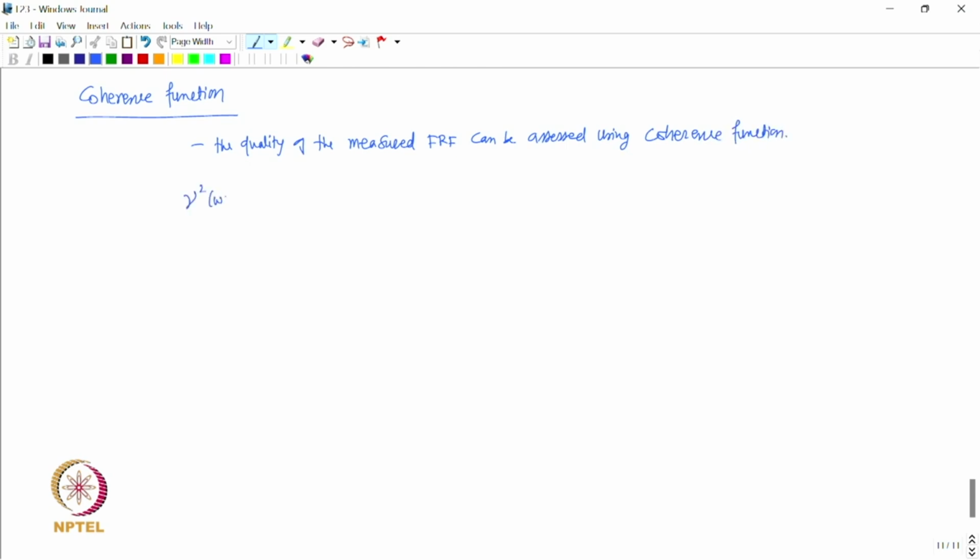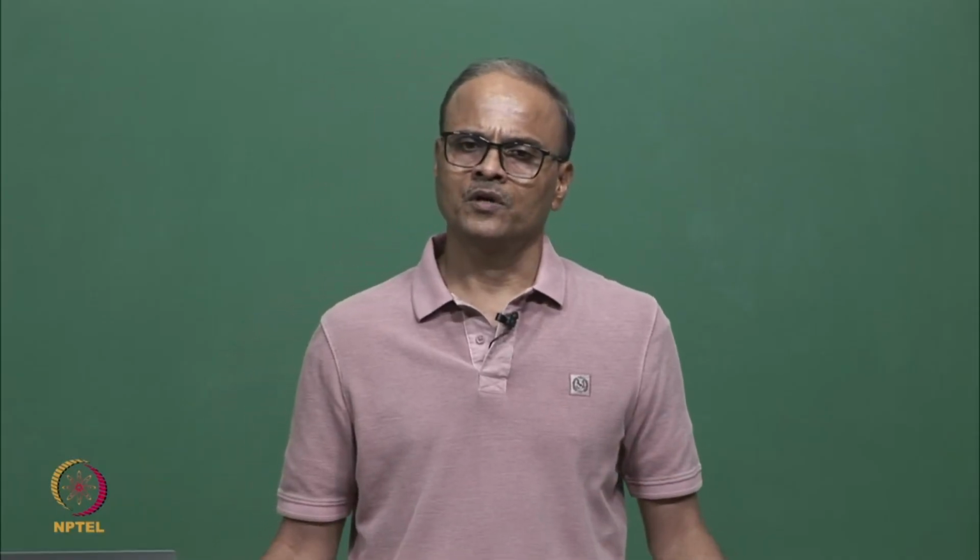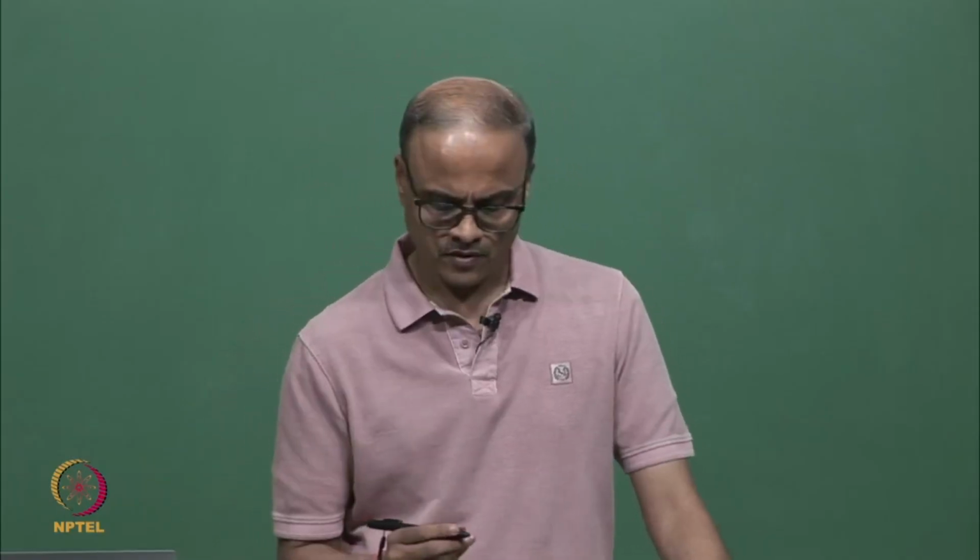The coherence function is given by the ratio of H1 and H2, because H1 and H2 form the lower and upper bound. So, this ratio can serve as the index of the noise in the FRF, because if there is no noise then H1 and H2 are equal to the true FRF, correct.